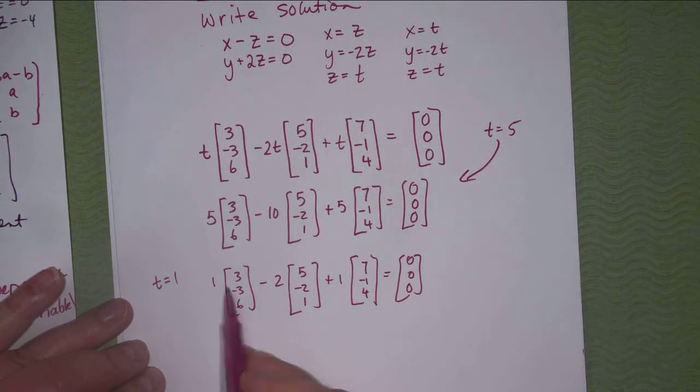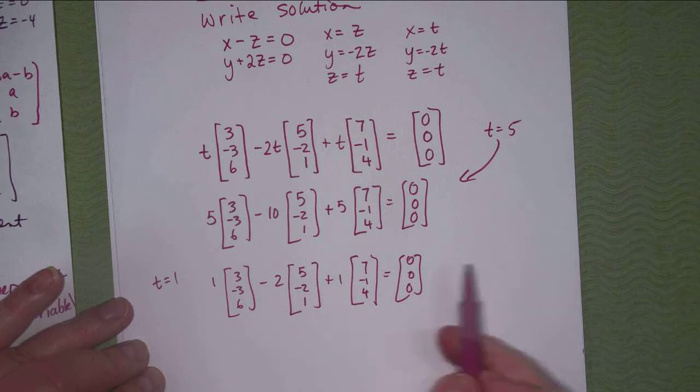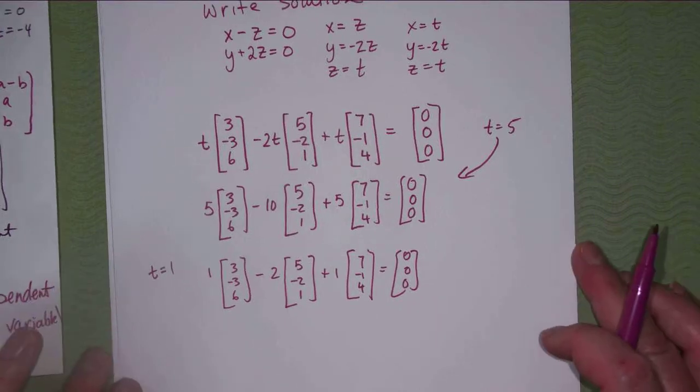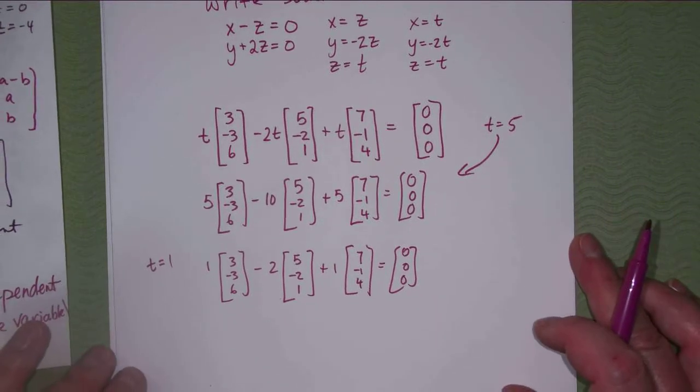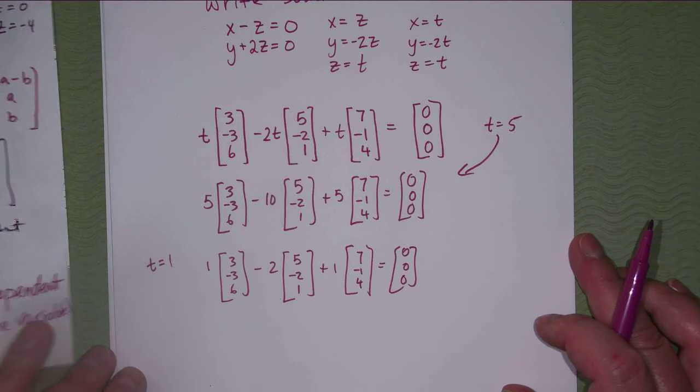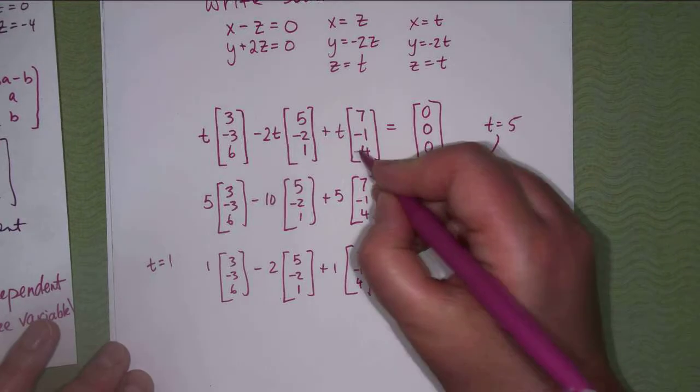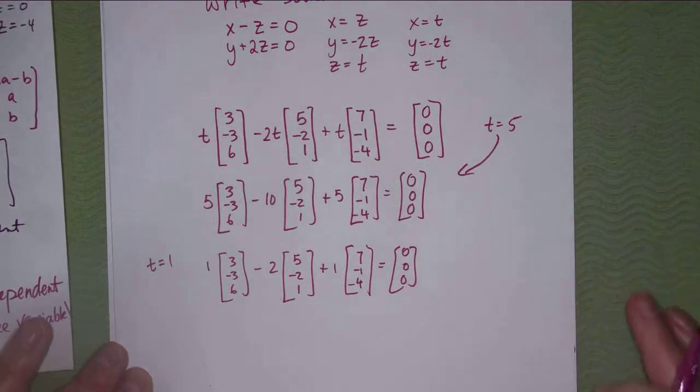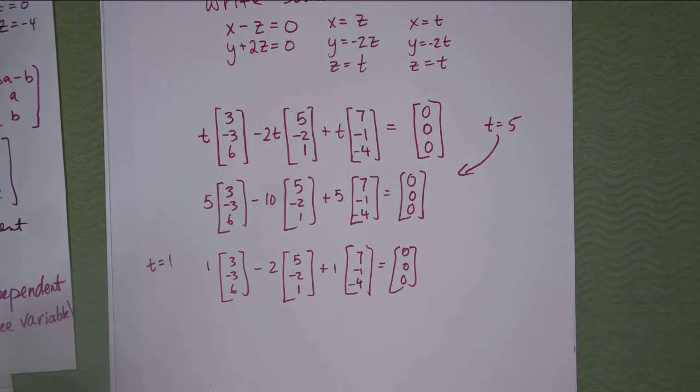All right, so 3 minus 10 plus 7 is 0, so on. 6 minus 2, oh, what do I have wrong? Oh, I probably just rewrote that from the other page. Yeah, there we go. Rewrote the vector wrong.